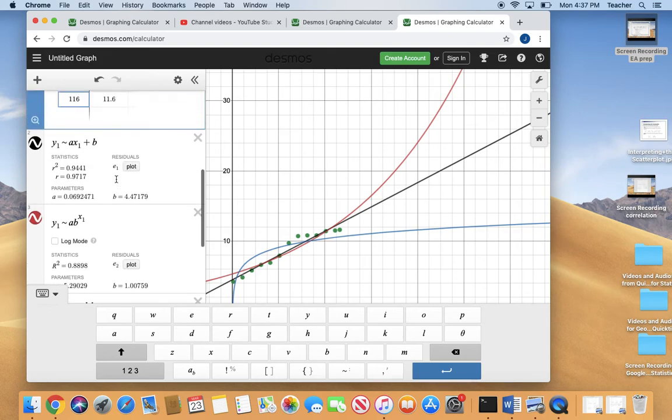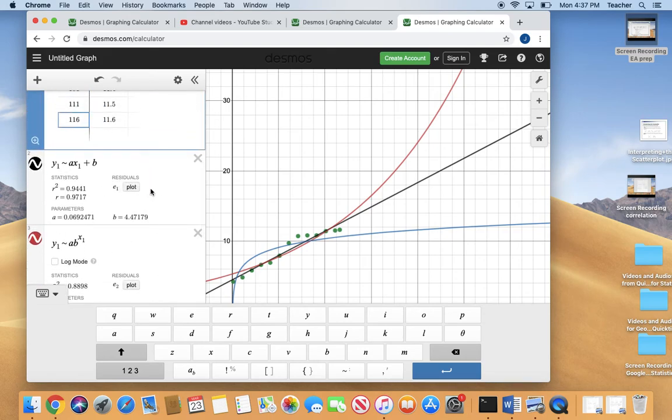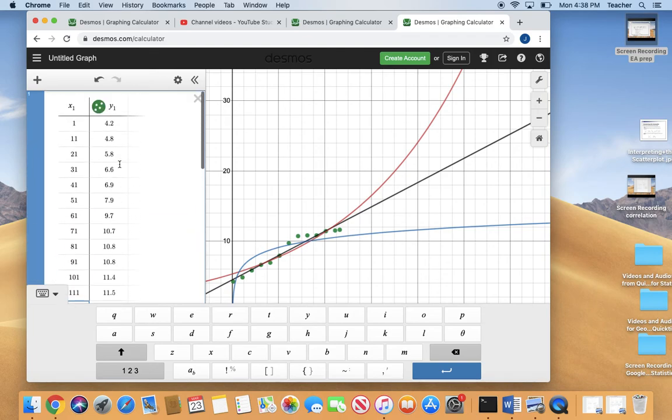So if you'll look, in this case, the linear model happened to be the best, and it would be best because the correlation coefficient in that case is closest to 1. But you cannot do a natural log of 0.